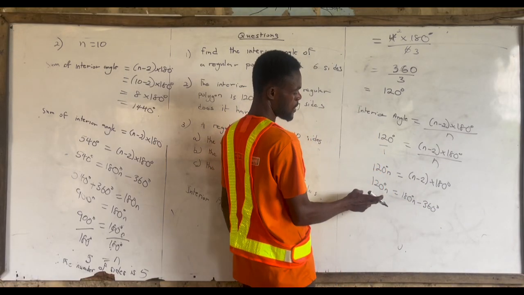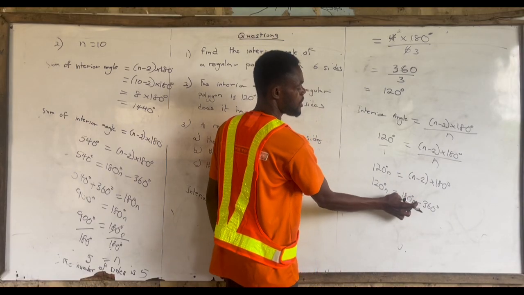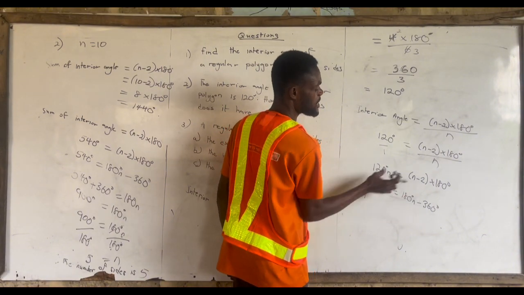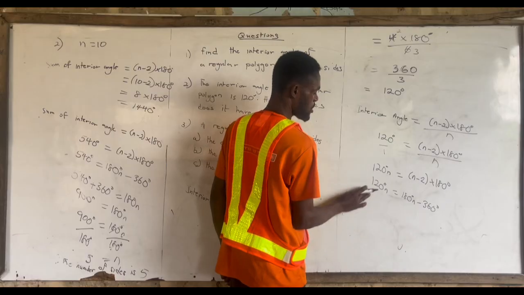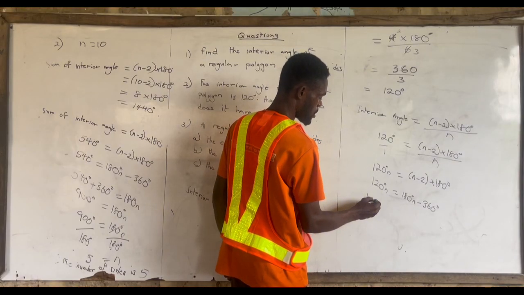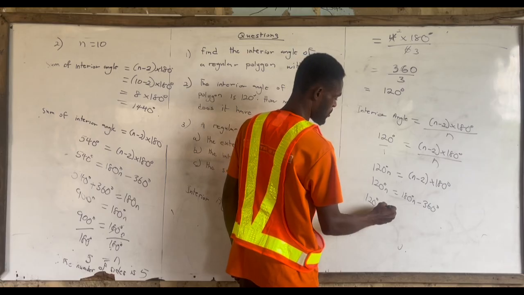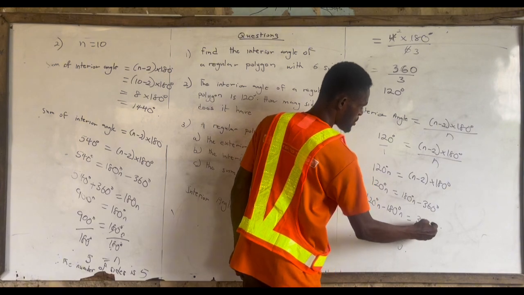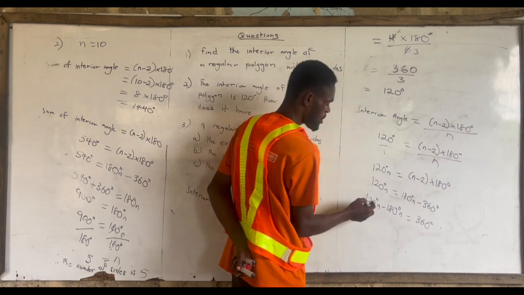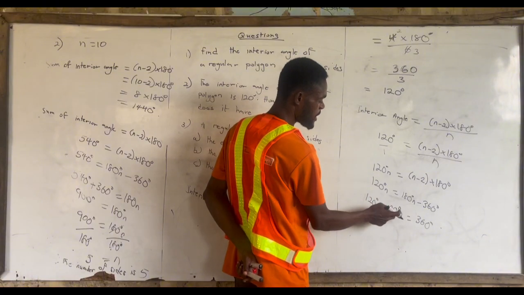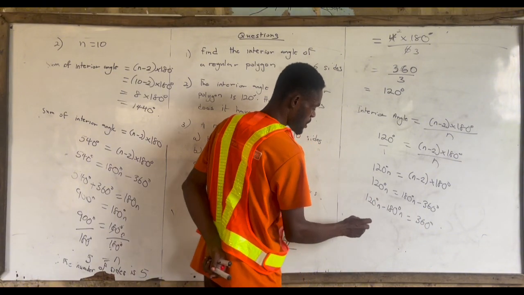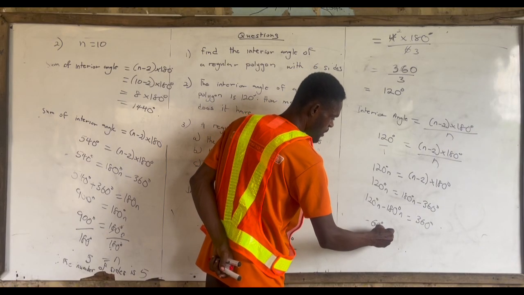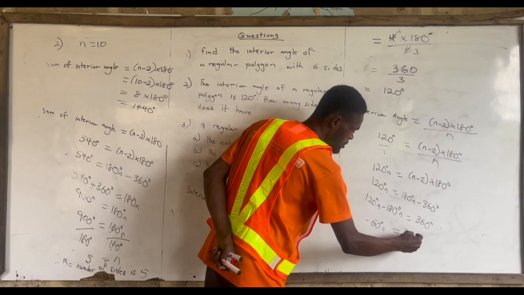This one, you can choose to cross it over, or you can maintain this, send this one there and bring the 360 here. So 120 degrees n minus 180 degrees n is equal to 360 degrees. If I subtract 180 degrees n from 120 degrees n, I'm going to have negative 60 degrees n, which is equal to 360 degrees.